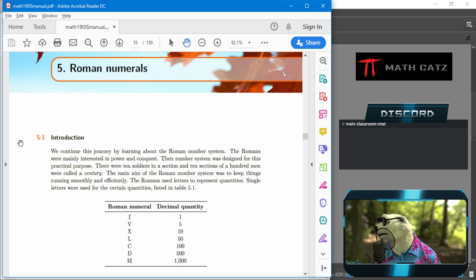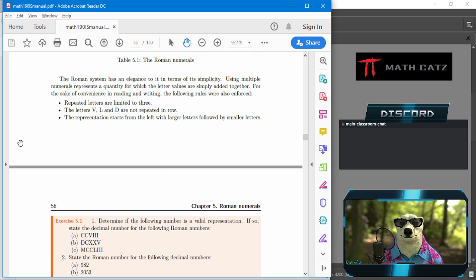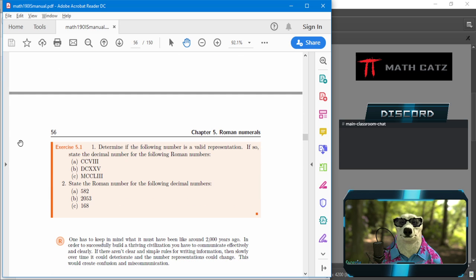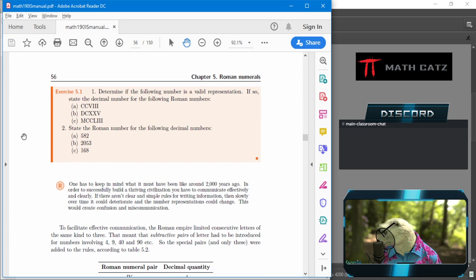The Roman number system, we are aiming for two basic kinds of questions. The first one being, can I convert to and from a given Roman number? Given a Roman number, can I convert that to a decimal number? And given a decimal number, can I write the corresponding Roman number?